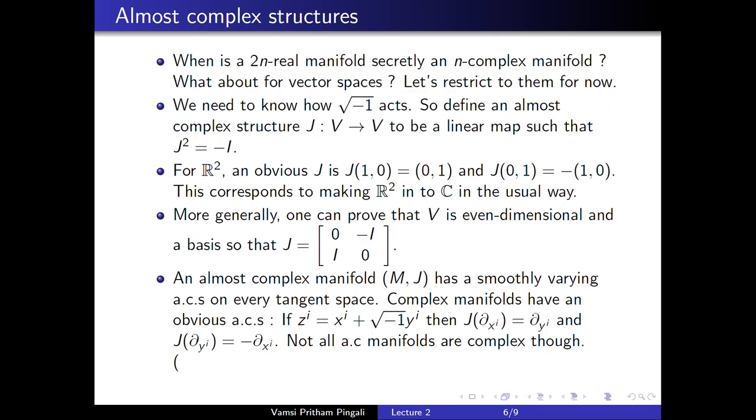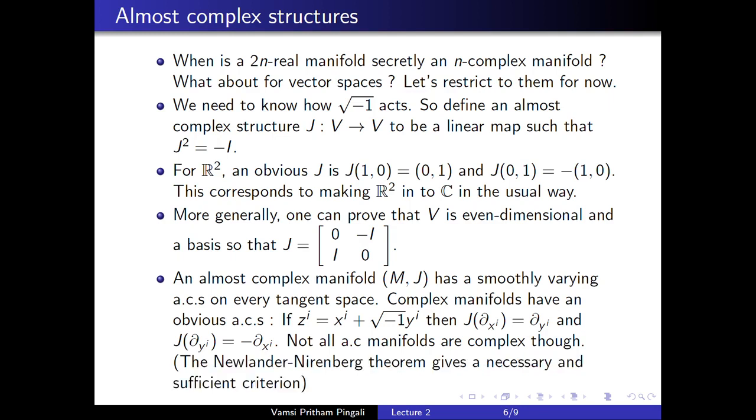That itself is not obvious, but it can be proved using octonions. But S6 does admit an almost complex structure. That particular almost complex structure does not come from an honest complex manifold structure. That's not very hard to see. The real question is, is there any complex structure on S6? That's an open question.